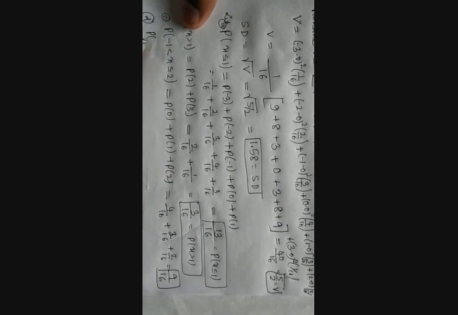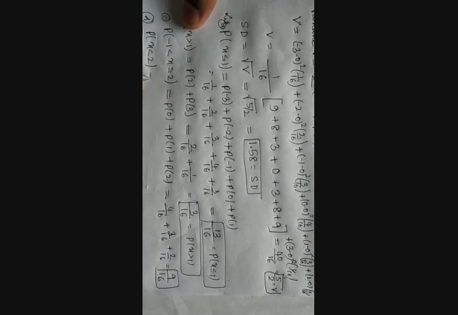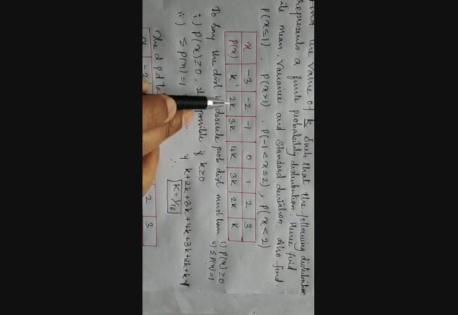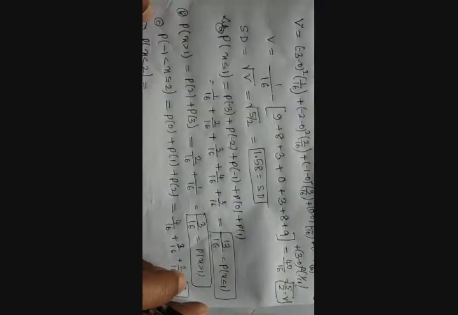Is 2 included or excluded? Excluded. It means except 2 and 3, we have to add all these probability values. But I'll try to take it in a different manner, because from here to here we need to add all these 5 results. I feel it is a little bit lengthy.